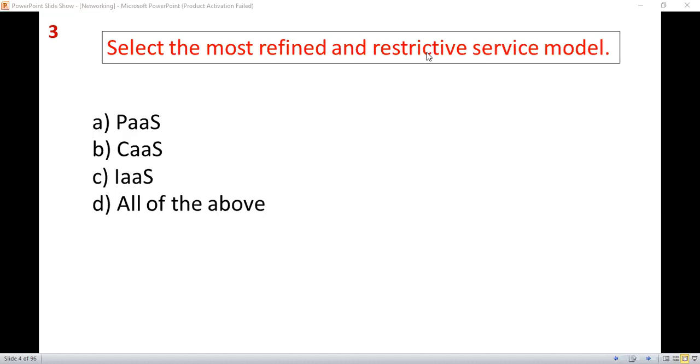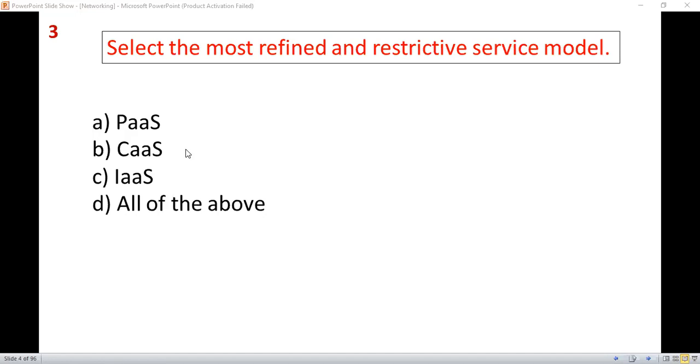When we are talking about the cloud service models, we have models like CaaS, PaaS, and IaaS. If we are talking about the most usable model, we can say PaaS.